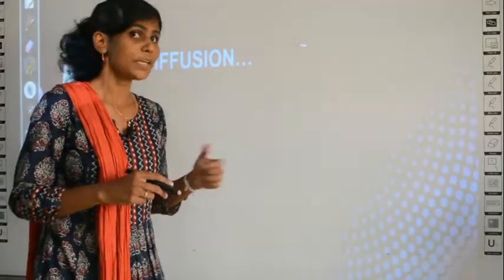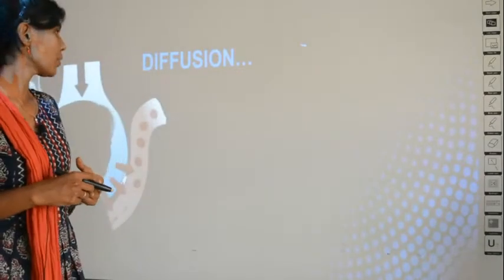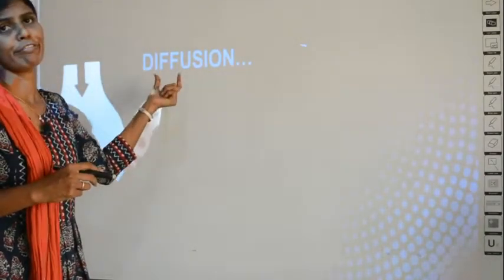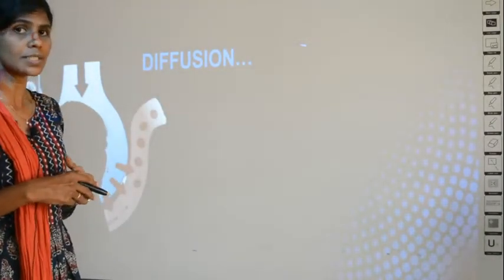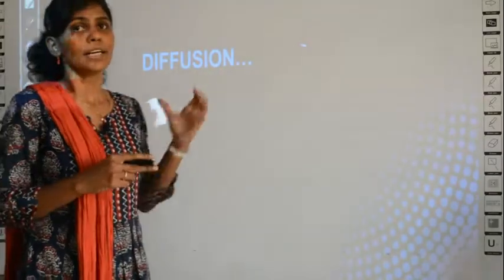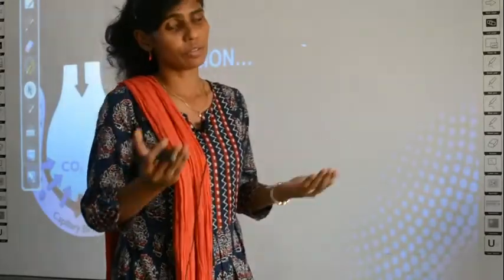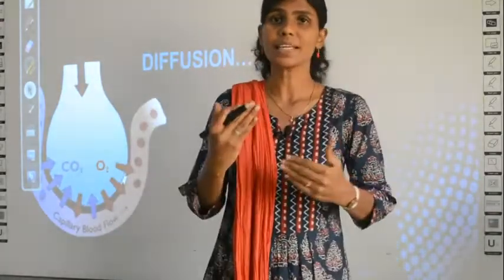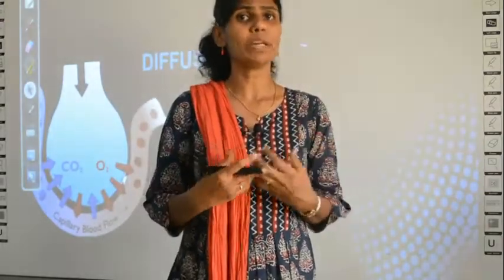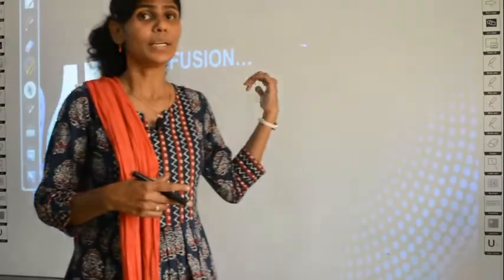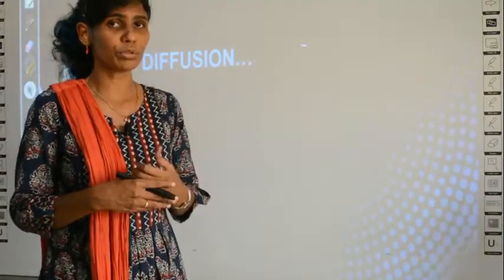In this slide, we are going to learn about a process called diffusion. What is the process? It is a process called diffusion. So throughout this topic in today's class, I am repeatedly telling you about gas exchange, right? So this process of gas exchange is actually happening by a process called diffusion. What is this diffusion?